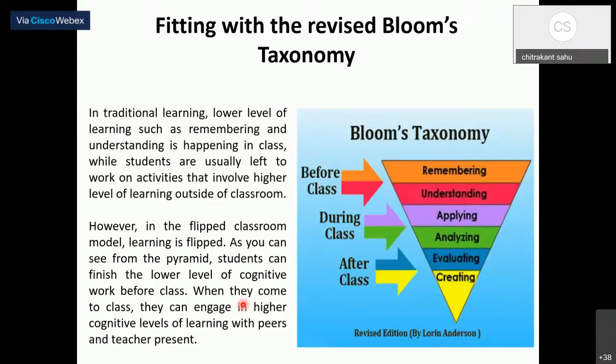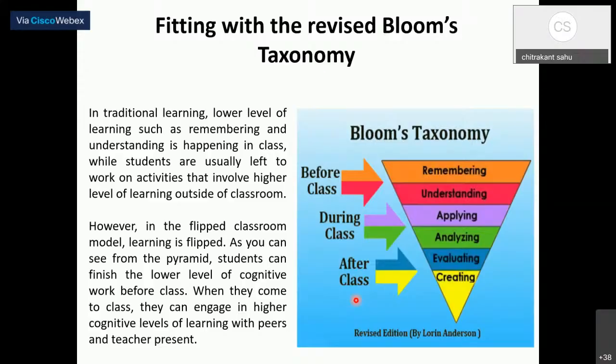So before class, the students will focus on two things: they can remember and understand the particular concept. During the class, they can apply based on the activity given and analyze the things. And after the class they can be ready for evaluating and creating, applying the concept to create new things related to the particular topic.